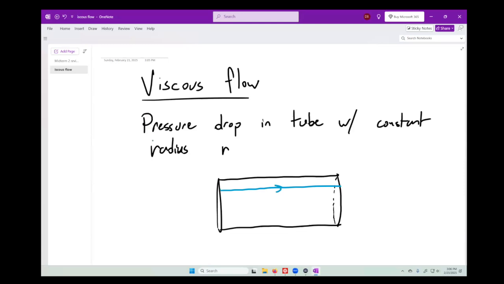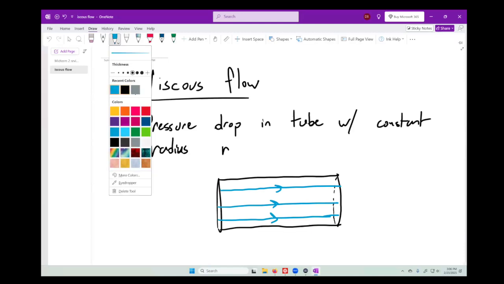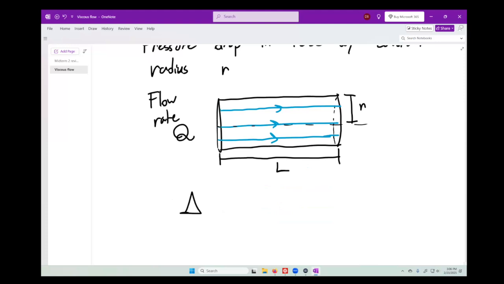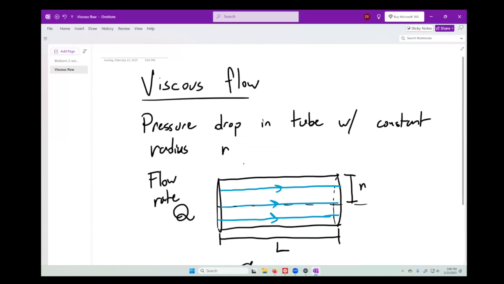So we have a fluid flowing through our tube with a certain radius. We're looking at a segment of tube with length L, and we have a flow rate Q through the tube. In terms of the viscosity of the fluid, the pressure drop across the tube, right?